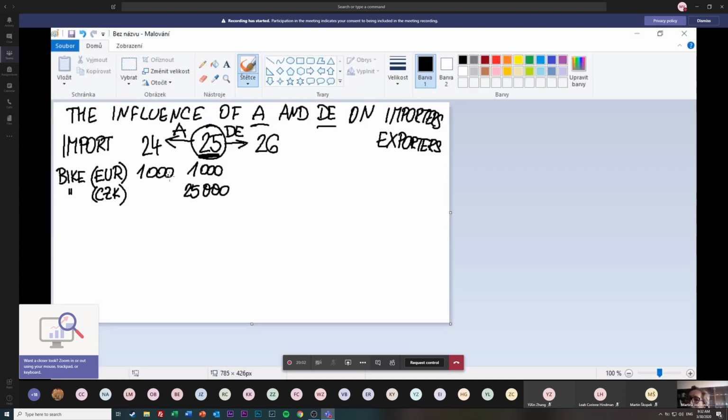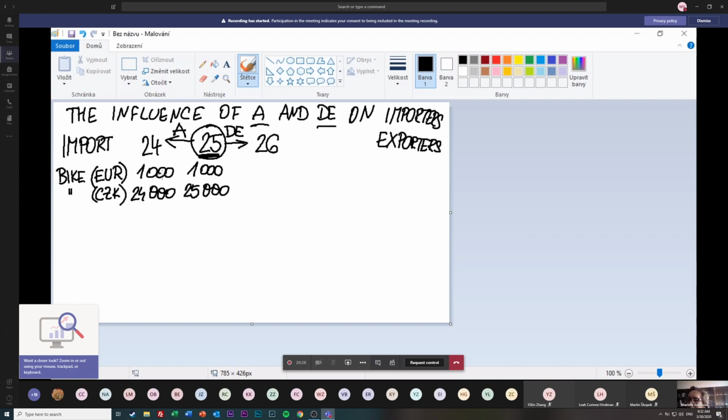So now I will sell the same bike at 24,000 Czech crowns. So the bike is the same, the price of the bike is the same. The only change is the change in the nominal exchange rate. Now you can see the bike in the Czech market is cheaper.